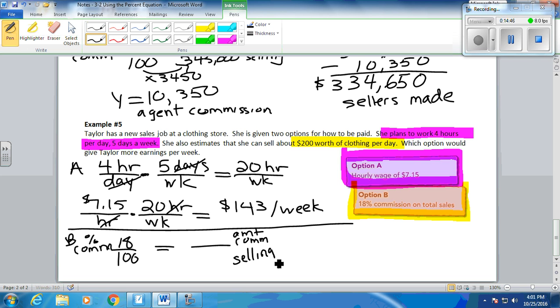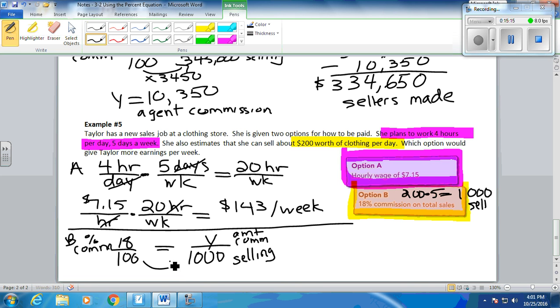So the information they gave me in the question says that she's going to sell $200 worth of clothing per day, but how many days is she going to be at work? 5, so I actually have to borrow information from the purple to do 200 times 5 to get that she's planning on selling $1,000 worth of items. So that is now our selling price. And again, we're looking for our amount of commission.